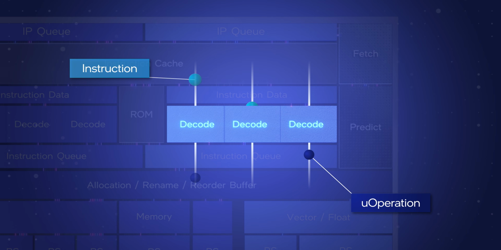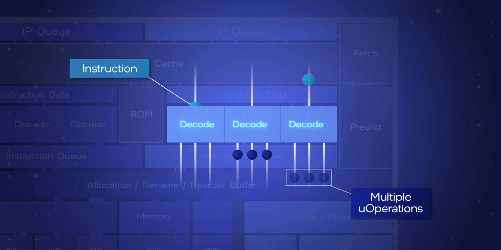This helps us to simplify the back end of the pipeline. However, there are often some instructions which are more complex and may need to generate multiple UOPs per instruction. Instructions like these help reduce the number of instructions required for the program, which in turn makes the program code smaller and easier to store in memory. We simply expand them into the UOPs needed inside the CPU.